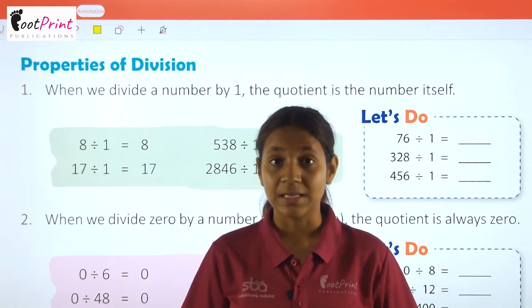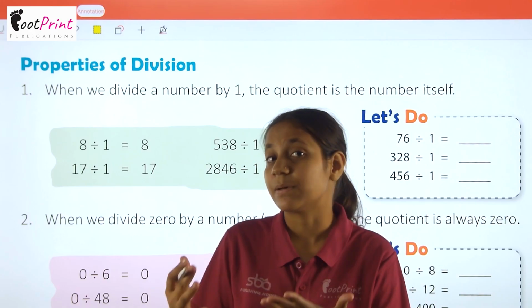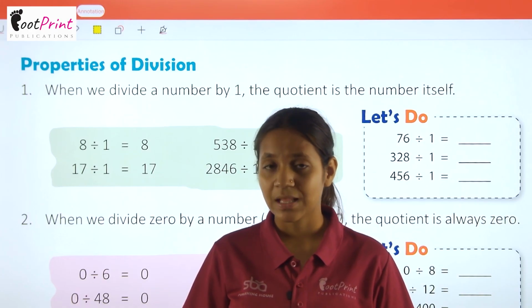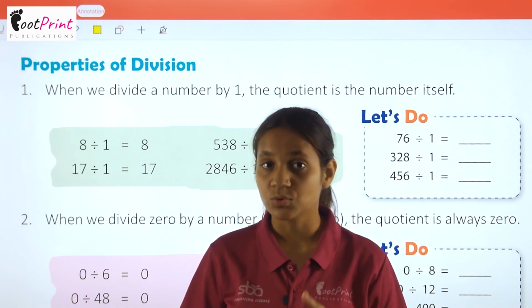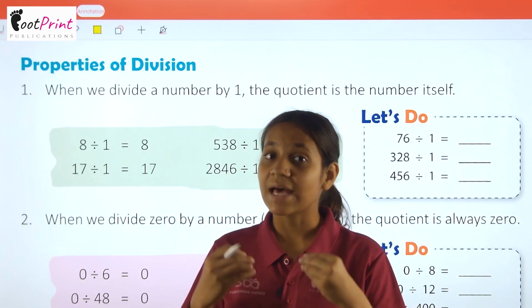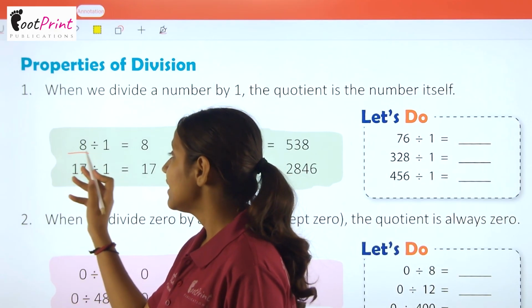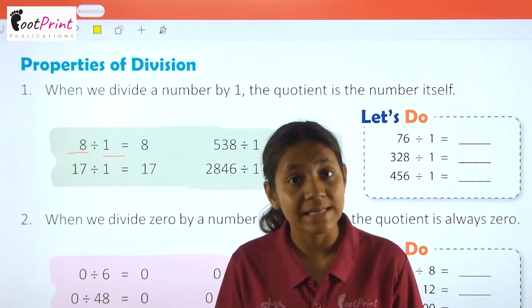That means अगर मुझे किसी बच्चे को, मेरे पास 5 पेन्स है और मुझे किसी बच्चे को उसे डिवाइड करना है, and I have only one student, मुझे सिर्फ एक ही स्टूडेंट को डिवाइड करना है, सो हम क्या करेंगे, वो सारे के सारे पेन्स उसे ही दे देंगे. That means 8 divided by 1 is the number itself.